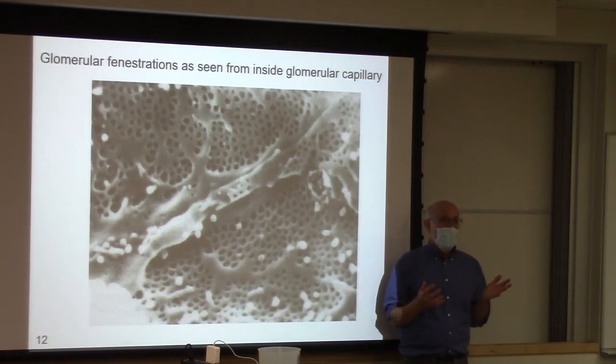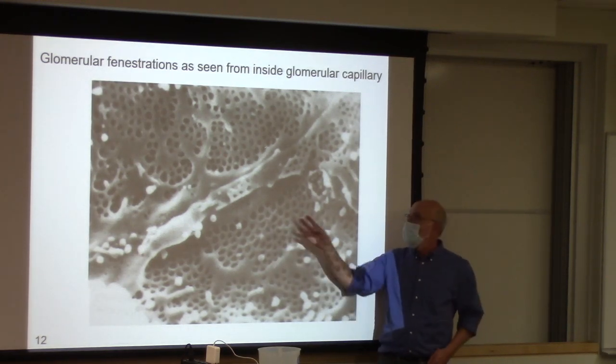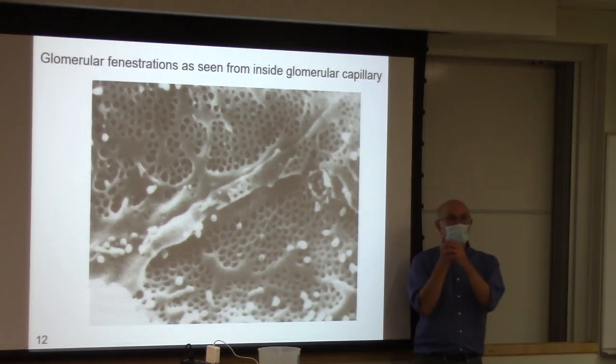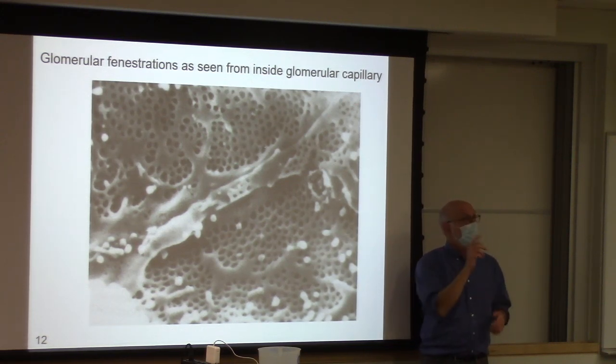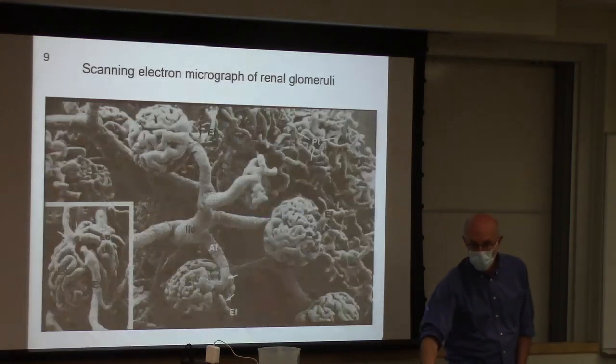Proteins, way too big. Glucose, small enough. So blood glucose flows when water flows. So water, all the salts that we talk about, glucose, other small molecules like ATP, but not protein and not cells.